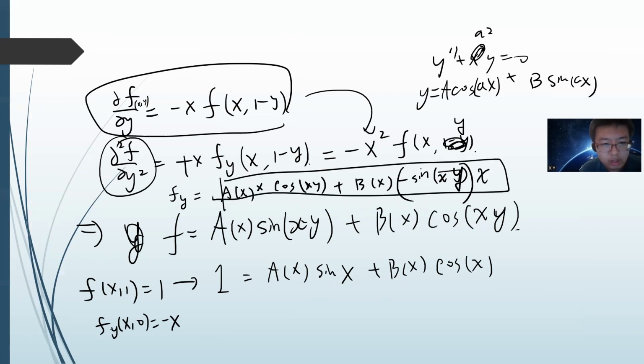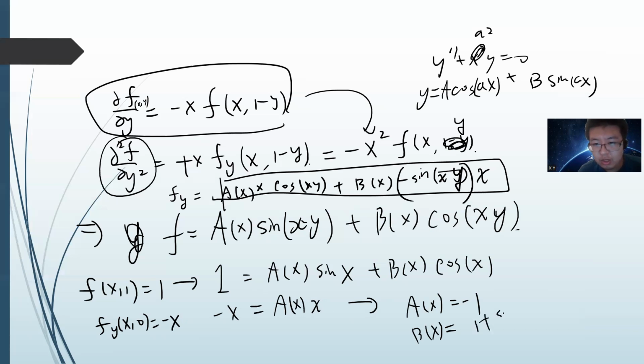If you plug in (x, 0), you get minus x, and y is 0. So this term is a(x), and this term will be 0 because y is 0. So from here you get a(x) is minus 1, and b(x) is 1 plus sine over x cosine x. Okay, so this is our result.